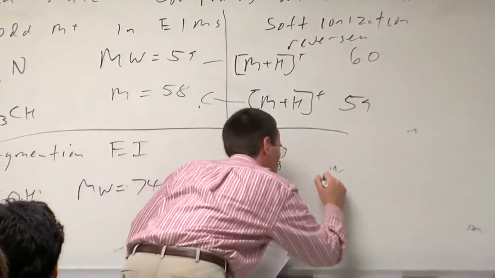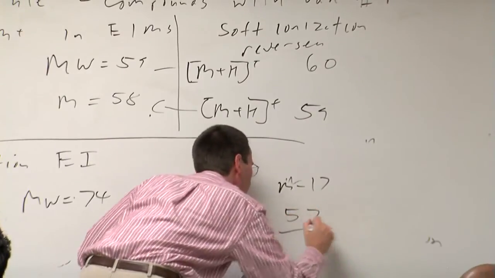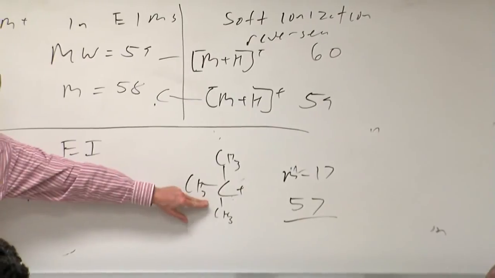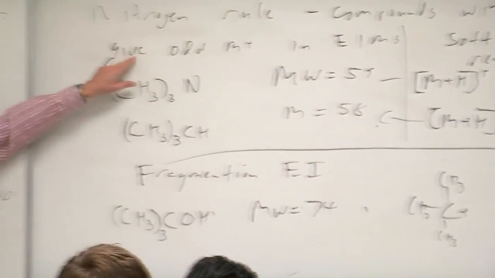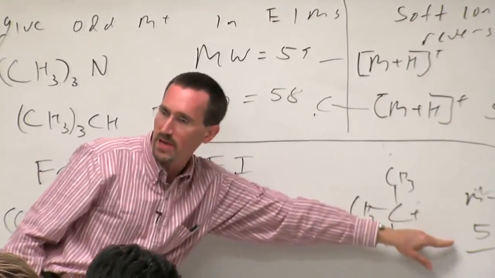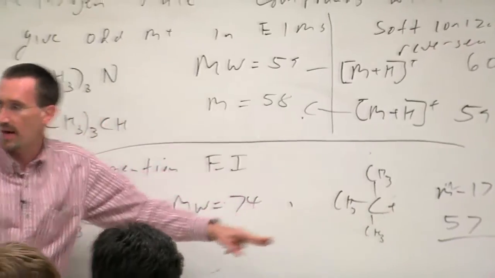And that's M minus 17, that's 57. And so if you just looked at the biggest peak in an EI mass spectrum of tert-butanol, you'd say, oh, the highest molecular weight peak is 57. This has to have a nitrogen. In reality, no, it's a fragment.